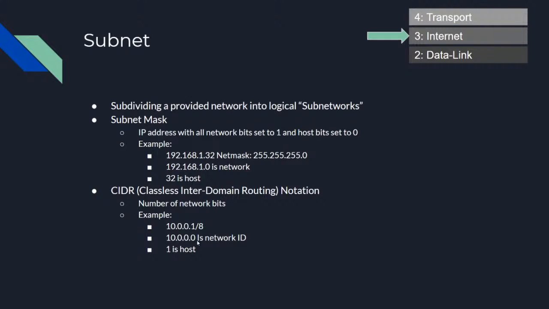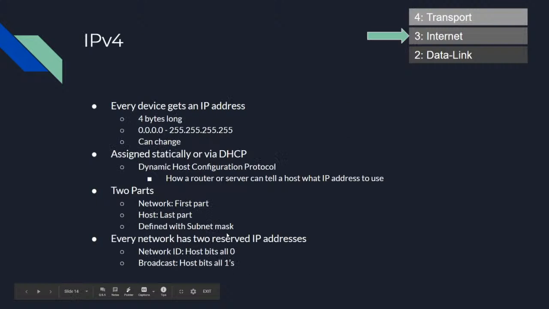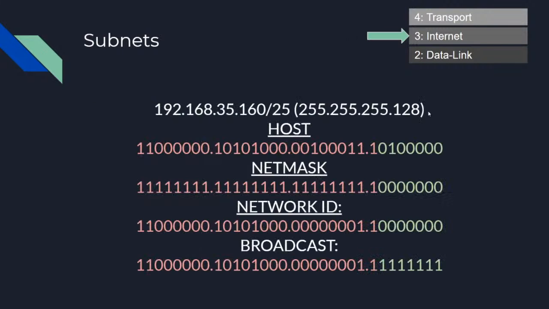For this network down here, 10.0.0.1/8, 10 would be the first 8 bits, which is the first byte. 10 would be our network ID, and 0.0.1 is the host for this IP address. And a little bit more explanation here.